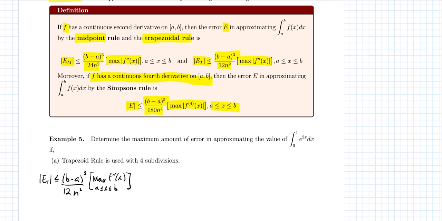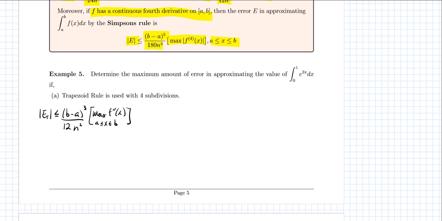So as you get to see here, we need to identify which one's my a, which one's my b. So for this problem, our a is 0, our b is 1, our n is 4, but what about the second derivative, and what's its maximum value?